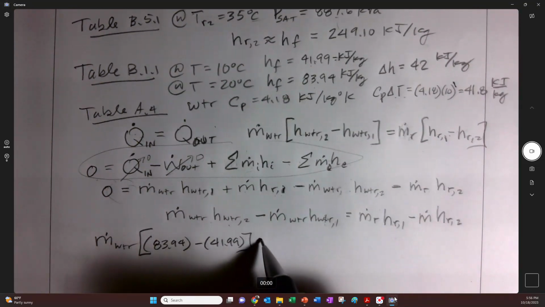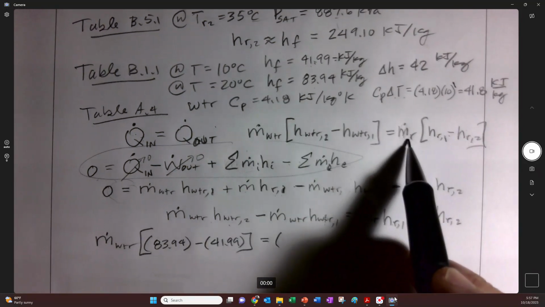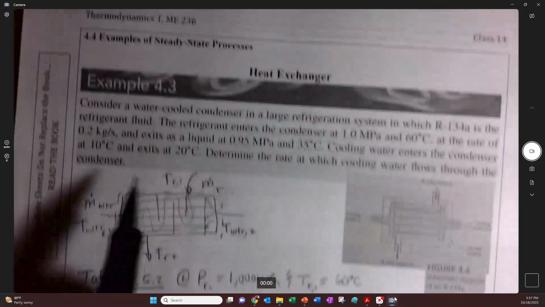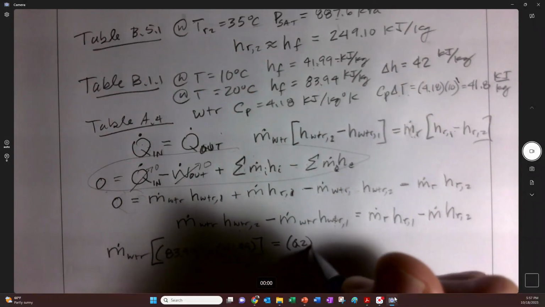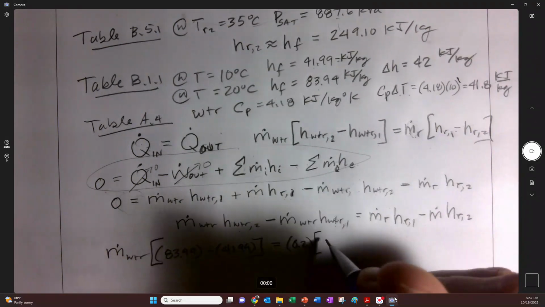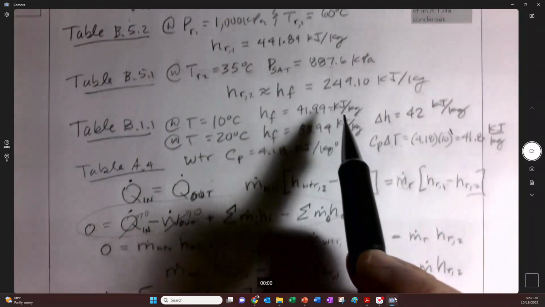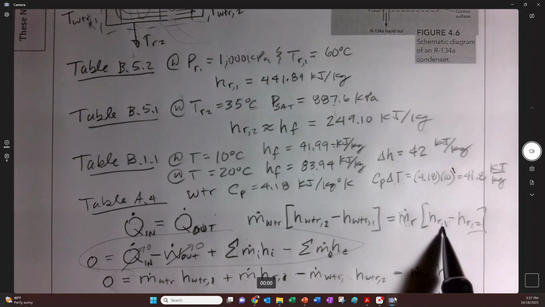And then that's going to equal the mass flow of the refrigerant, which was given: 0.2 kilograms per second. And then you're going to have the enthalpy change, which came from when it started out, in minus out.